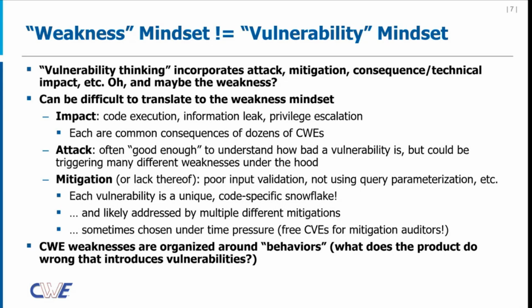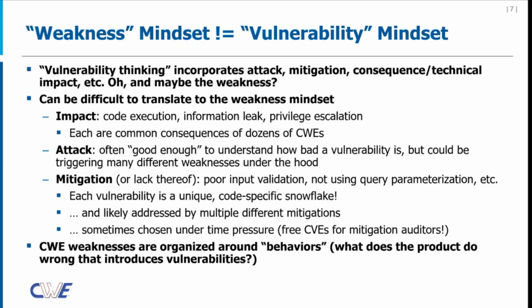But there's also the vulnerability mindset that I know a lot of you are familiar with, talking about things like impact and the actual attack that's happening, and maybe even the mitigations needed to prevent that attack. I think a lot of vulnerability thinking is focused on the results and what's happening and why people should be concerned about it. But there's also the aspect of talking about originally why something might have happened.